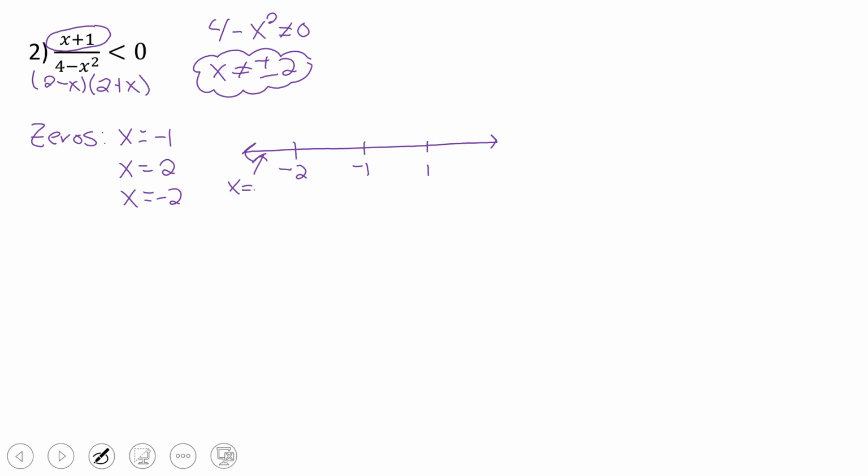I'm going to test a negative 3 in here. For in between negative 2 and negative 1, I'm going to test a negative 1.5. And remember, decimals are fine when you're testing your regions. Just don't use them in your final answer. Between negative 1 and positive 1, I'm going to go with 0. And bigger than 1, I'm going to go with 2.